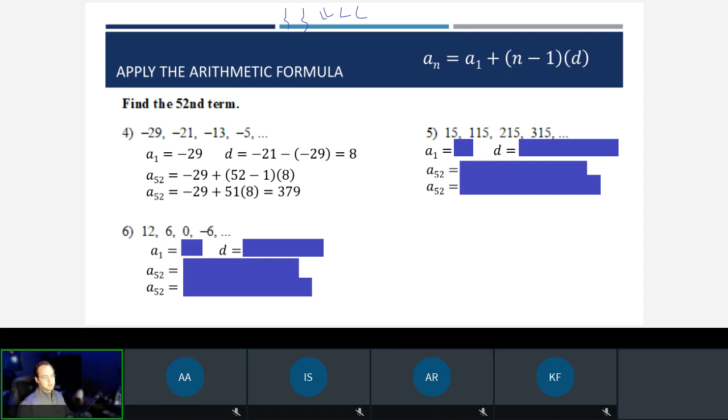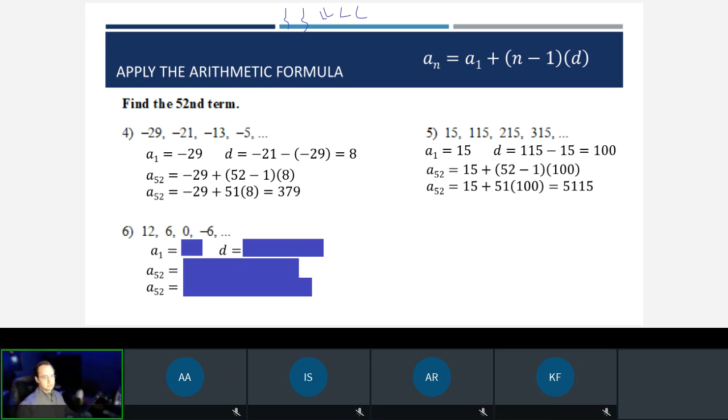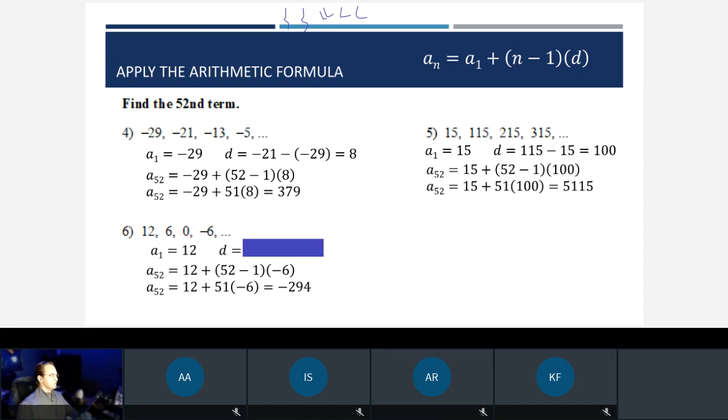What is the 52nd term? 115. Good. And number 6. We have 294. Good job. All right, day 1 sounds pretty easy.